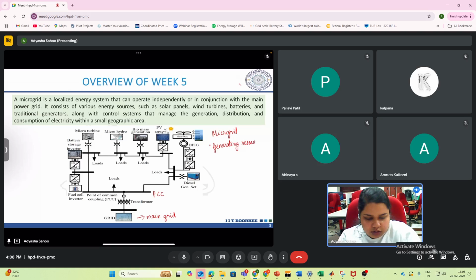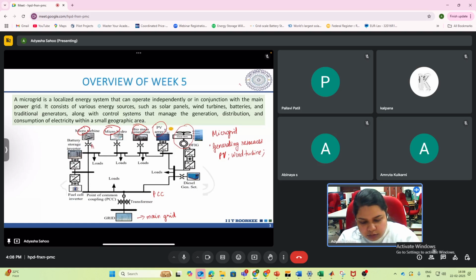You can see here, we have PV, then this is your wind turbine. Then you have others such as biomass, micro hydro, and micro turbines. So these are all your generating resources.